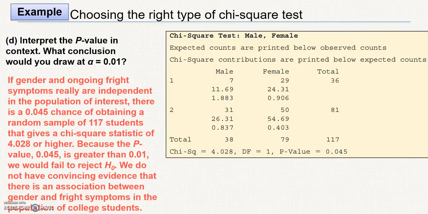We do not have convincing evidence that there is an association between gender and fright symptoms in the population of college students. So notice we did two things here. We had to interpret the p-value and draw a conclusion as a comparison to the alpha of 0.01. Pause if you need to get that done.